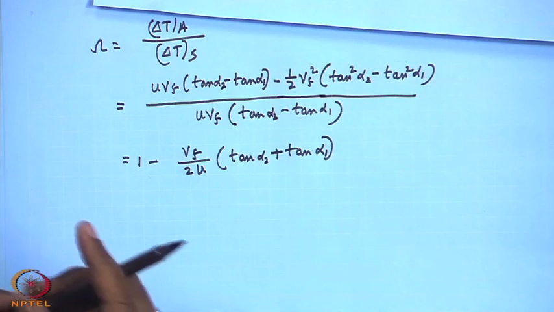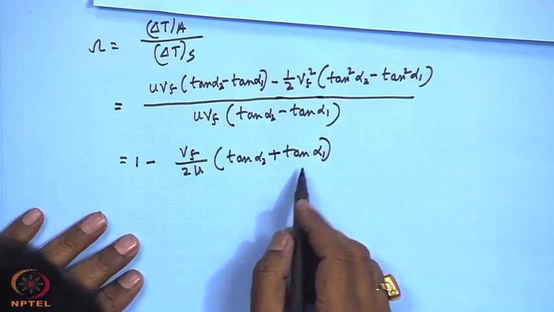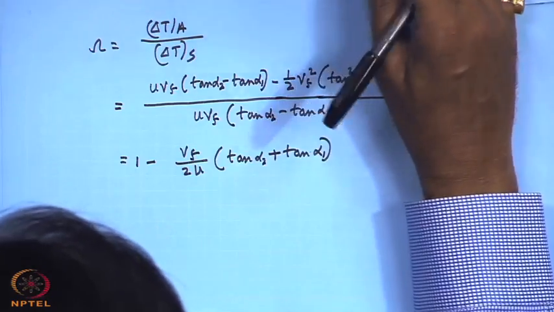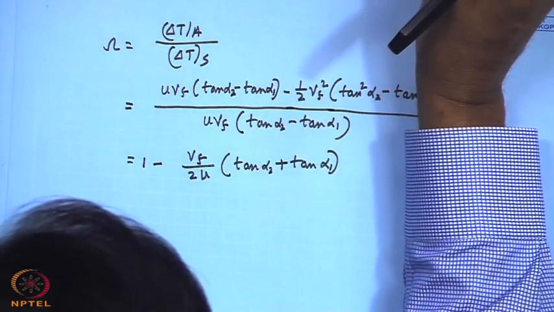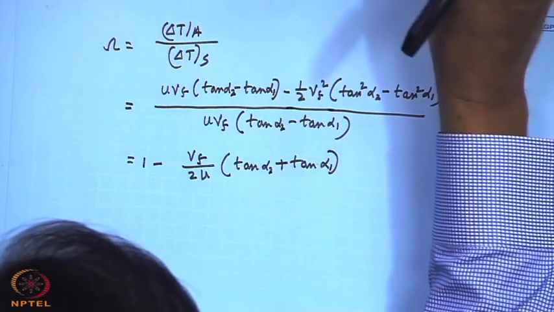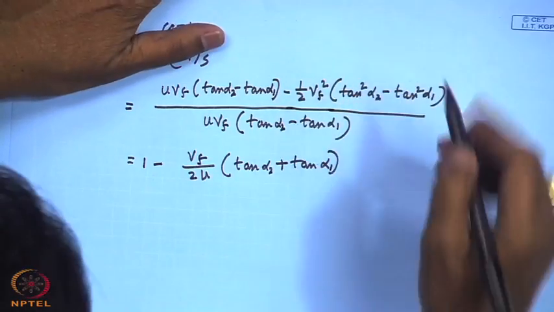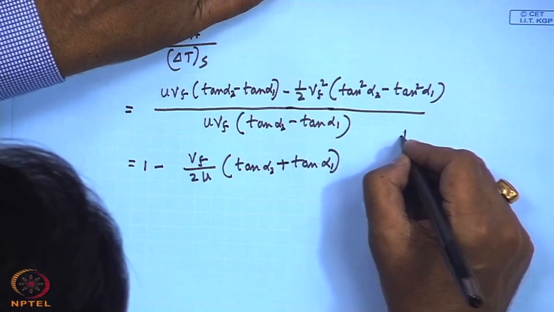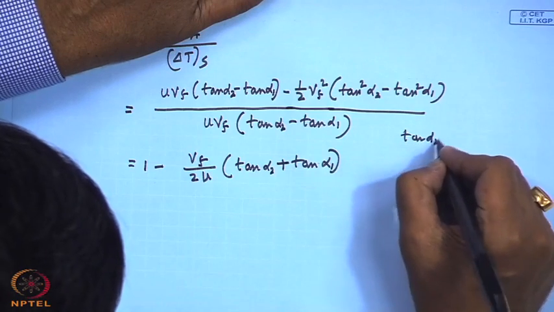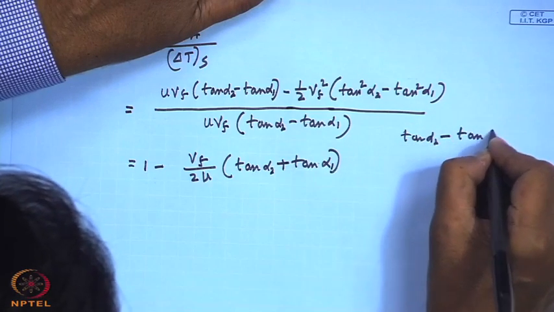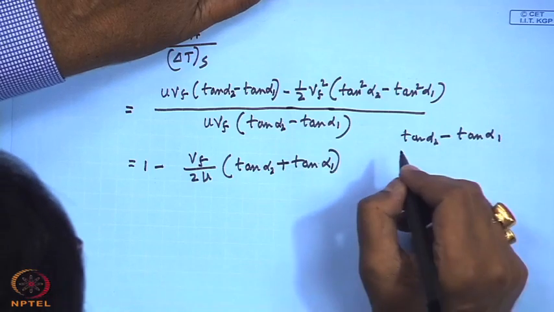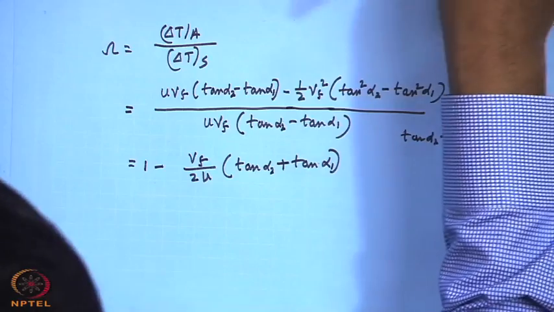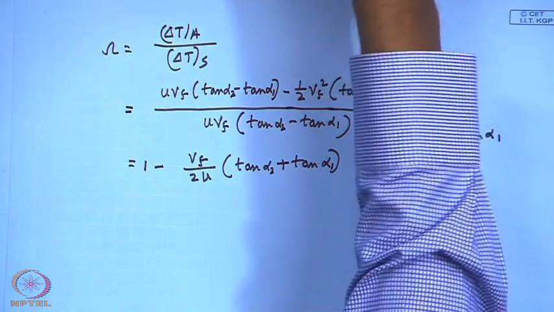But now, if we change it to tan beta 1, then what we already have found out is this expression. If we see this expression at the beginning, which we found out, tan alpha 1 tan alpha 2 minus tan alpha 1 is equal to u by Vf.